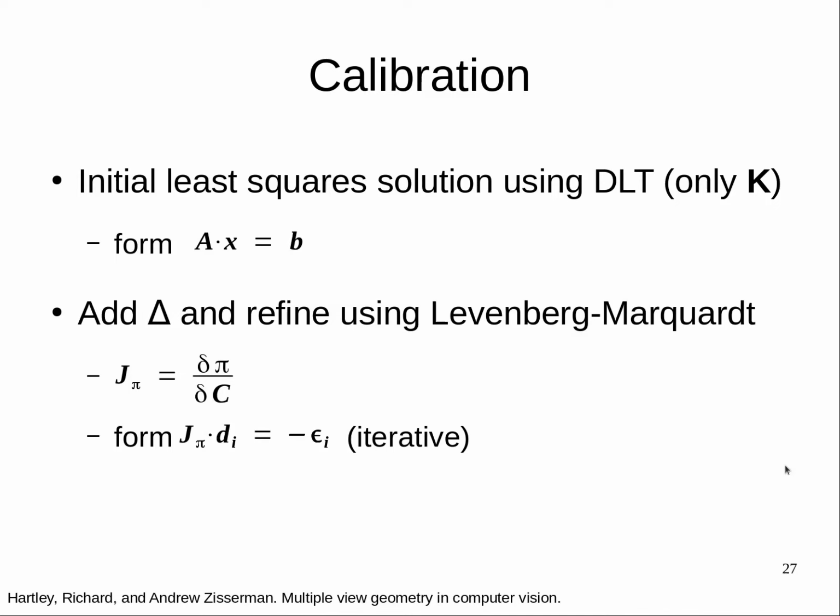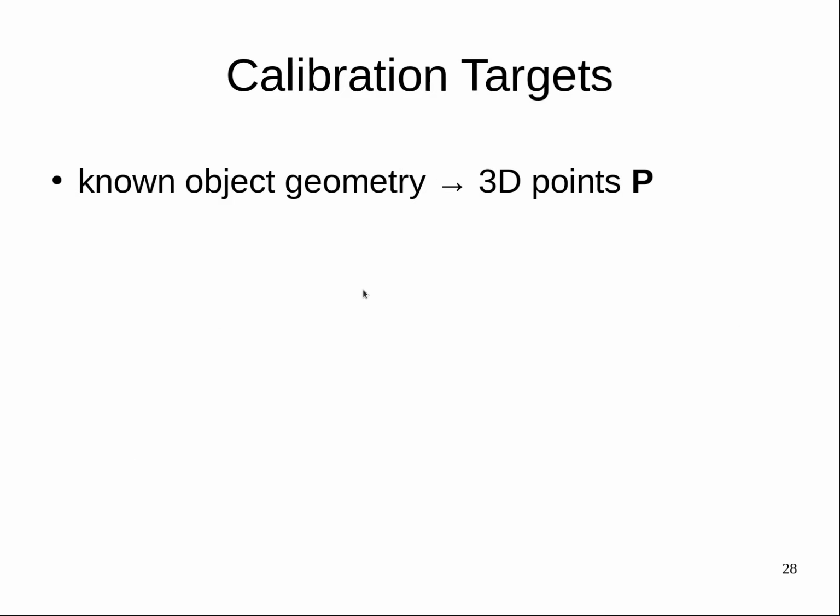So the remaining question is, where do we get the correspondences between 3D points and 2D points from? I noted it briefly previously. The 3D points come from a known geometry. So we take pictures of something where we exactly know the size.